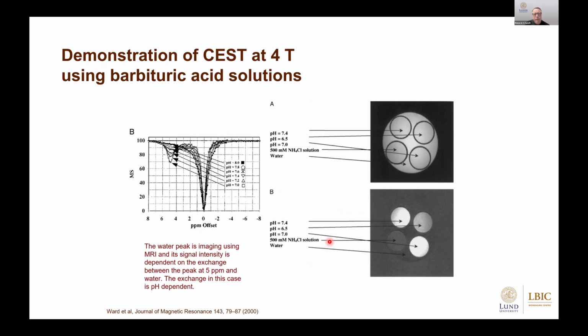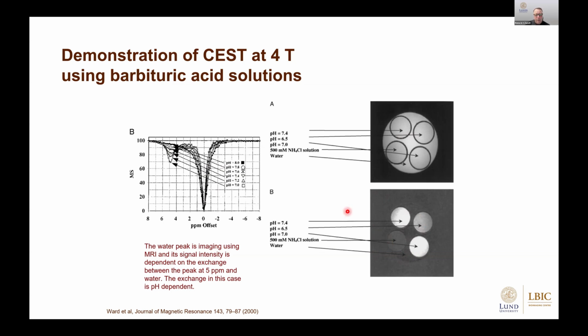But if I put that frequency pulse on here, exactly here, and look at the exchange with water, it will affect the water signal. And that's what I see here. I have 4 vials that change the intensity, but that exchange is depending on the pH. So basically what I can do is pH imaging in a phantom or pH imaging in vivo.